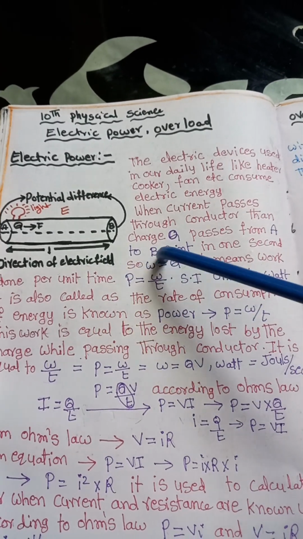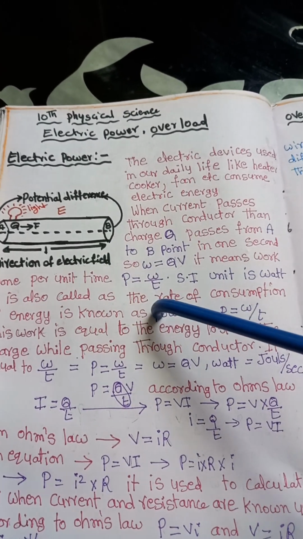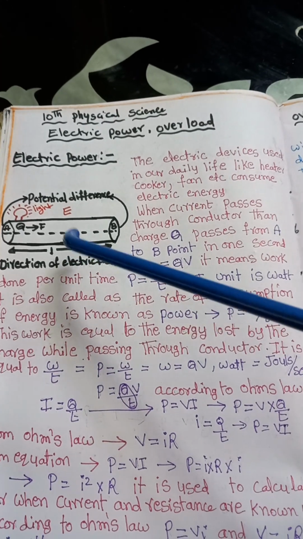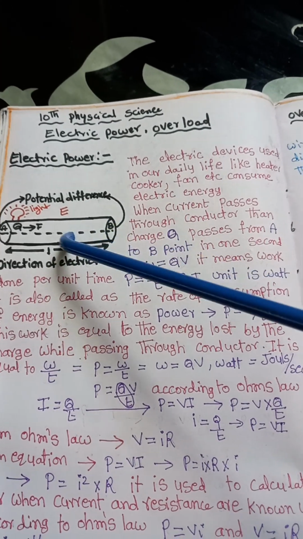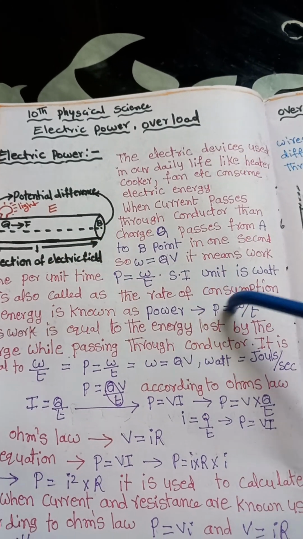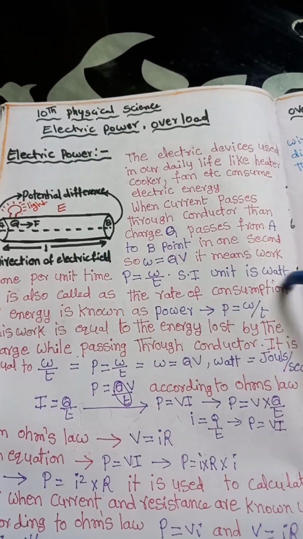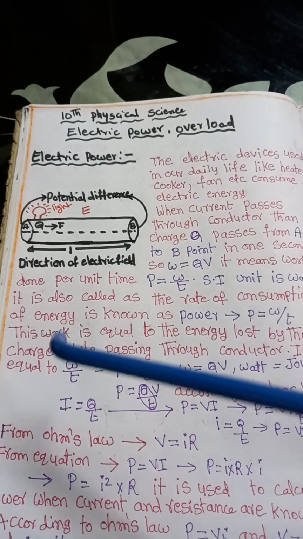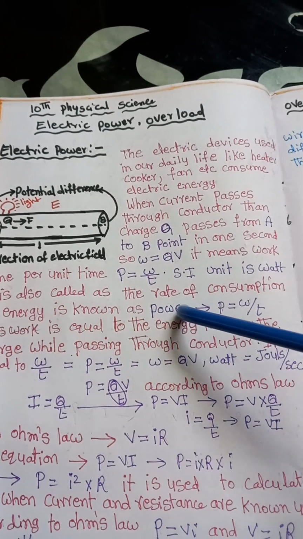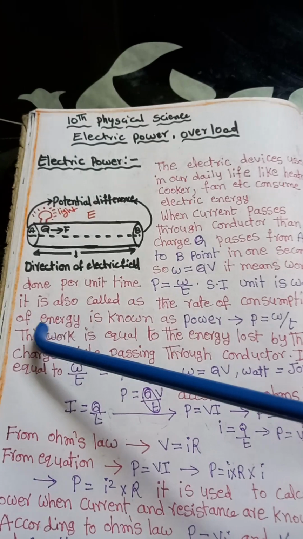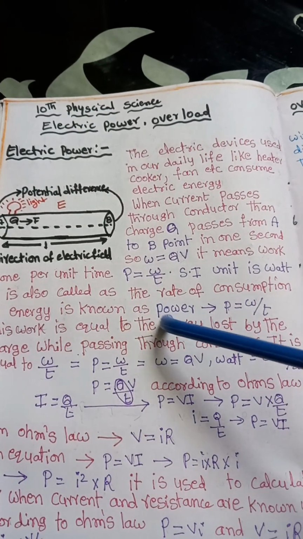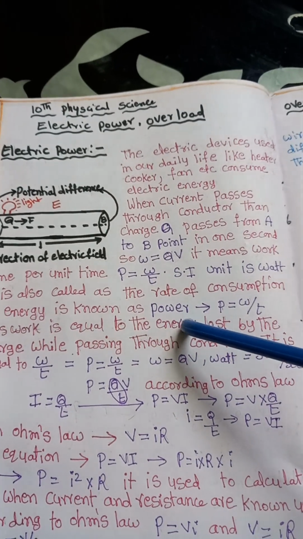So power means W by T. It means the work done per unit time. The SI unit is watt. So power is measured in watts. It is also called the rate of consumption of energy.